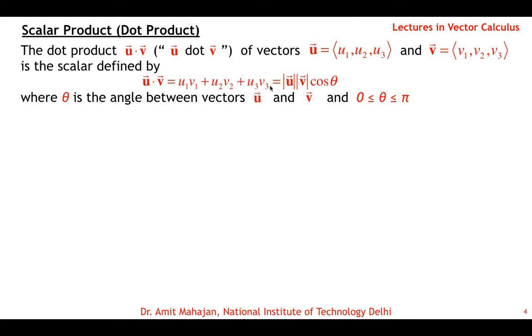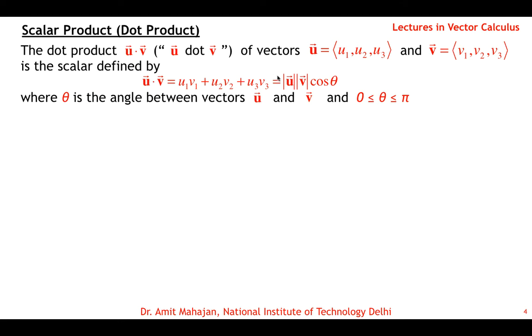This can also be written as the length of u times the length of v times cosine of theta, where theta is the angle between the vectors u and v if we consider that they have the same initial point, say taken to be the origin.